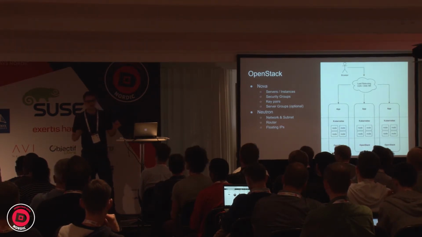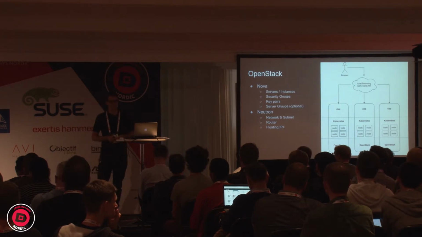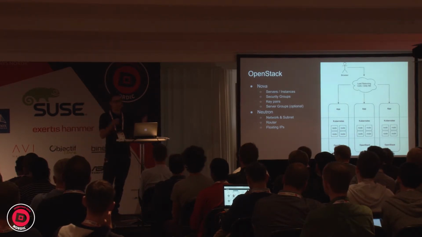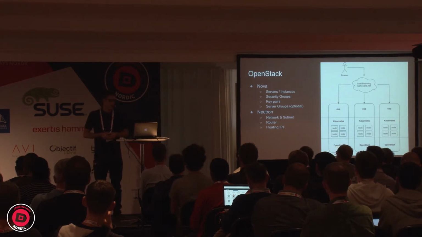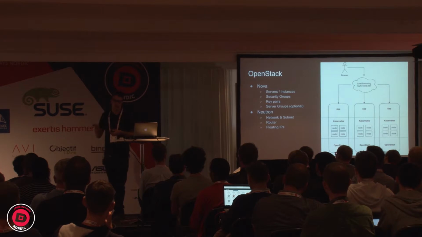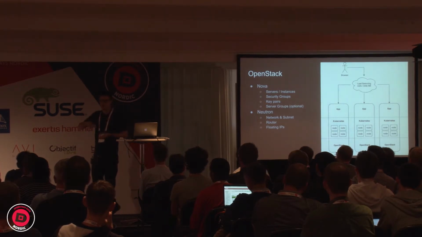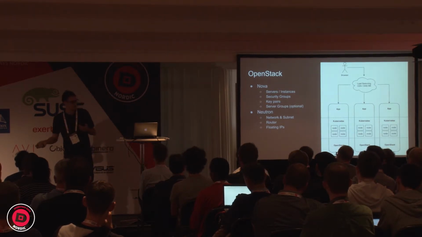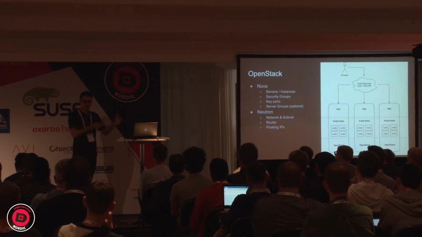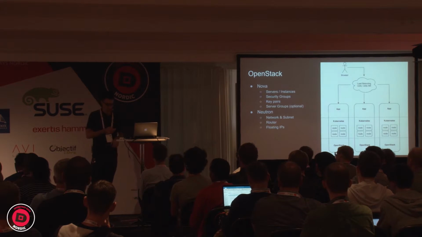So this is the construct that's available to you to specify that your etcd nodes should be on different boxes. For the networking, we'll just need one neutron network, one subnet, one router, and a couple of floating IPs. So those are the OpenStack elements that are the requirements to make progress here.